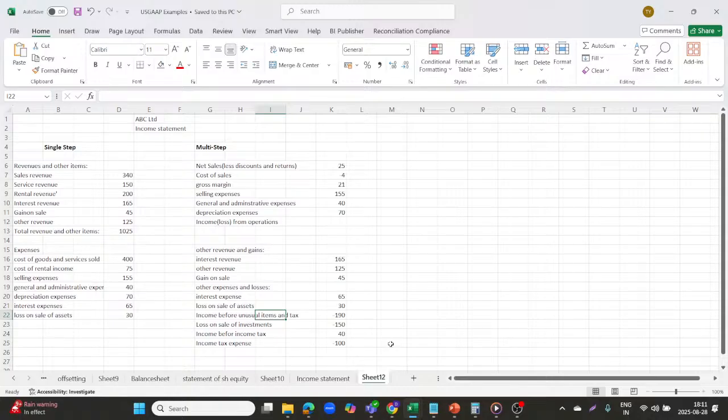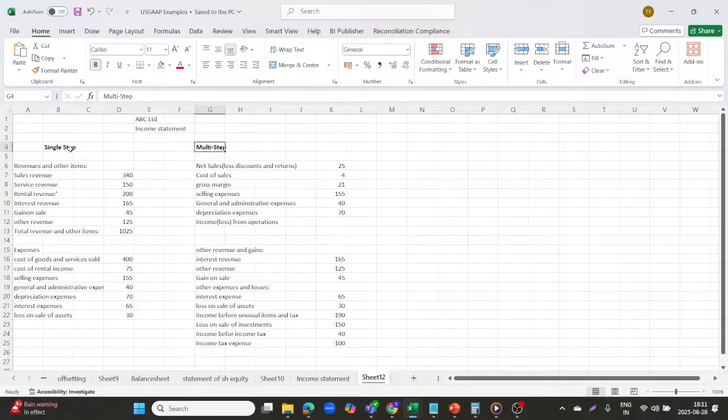Okay, so as I said, there are two formats, single step and multi-step. Multi-step is the most used format. It reports operating revenues and expenses separately from the non-operating expenses.